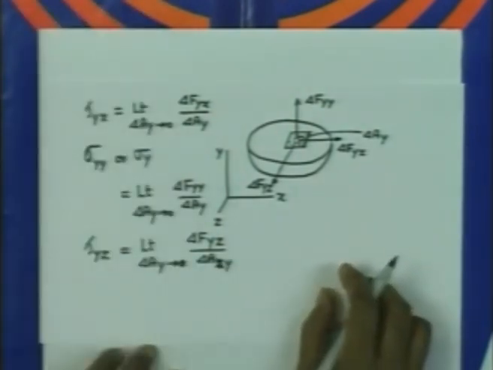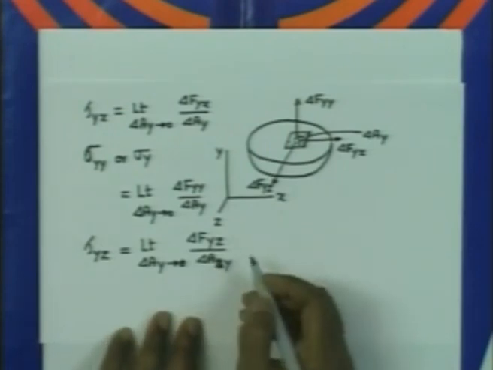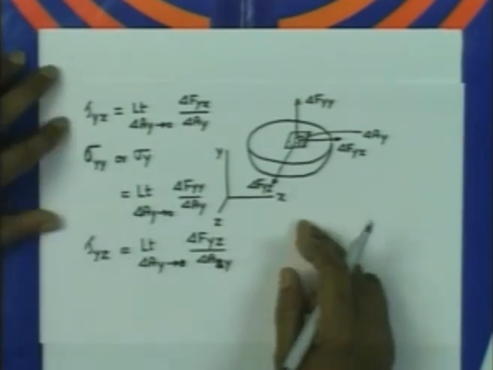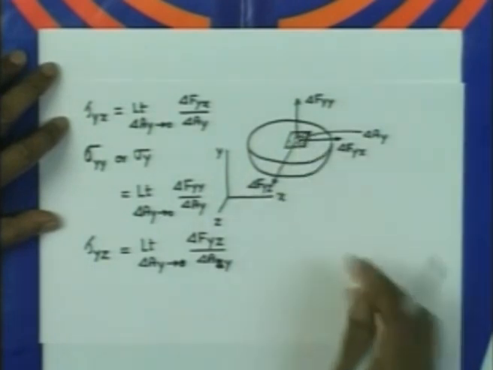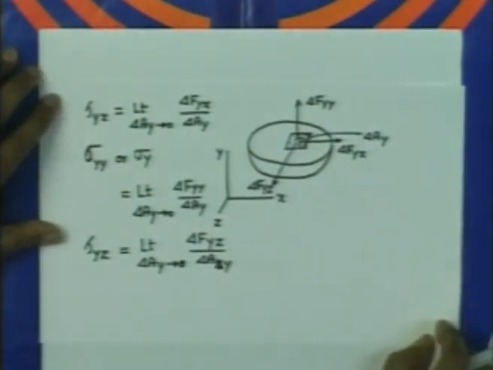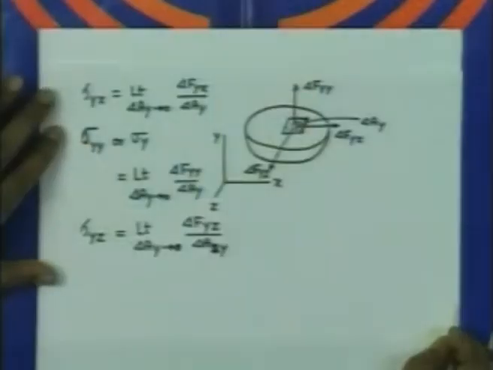So, these are the three stresses acting on this plane, which is the positive y plane passing through the point P. So, we have again 3 components of stresses acting at this point on a y plane.